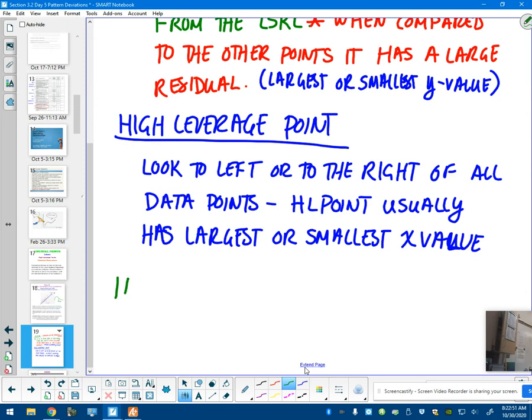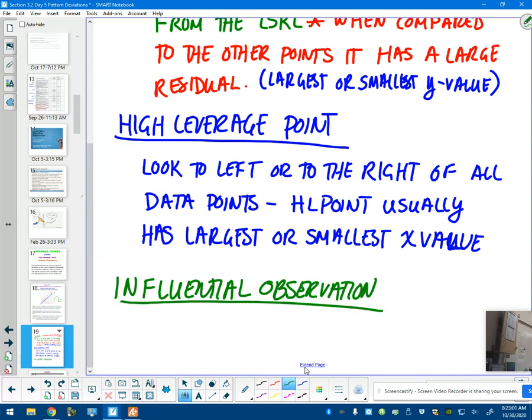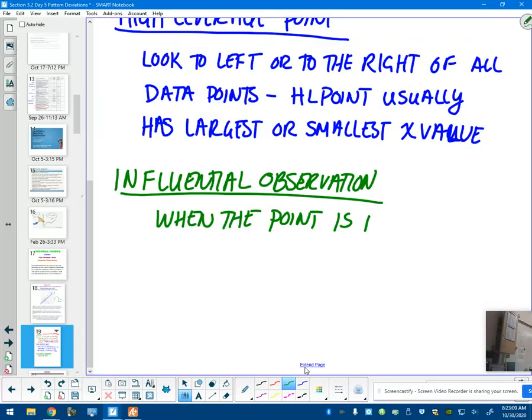Do you want to see if something's influential? An influential observation when the point is removed from the data set.